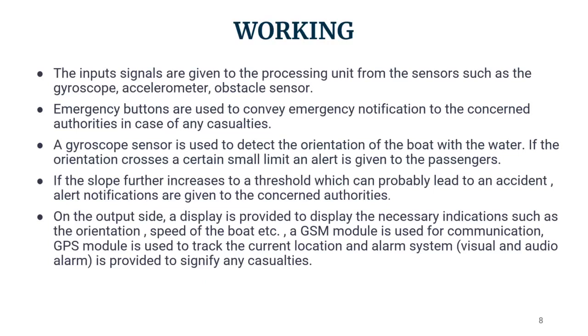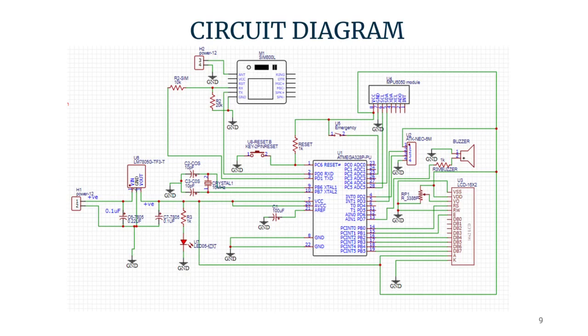So moving on to the working, I can explain it with the help of the circuit diagram. As I've already said, the main processing unit of our system is the ATmega 328P, and all the components except the GSM module require a 5-volt power supply. So we use a 12-volt adapter and then regulate it to 5 volts using an LM7805 voltage regulator.